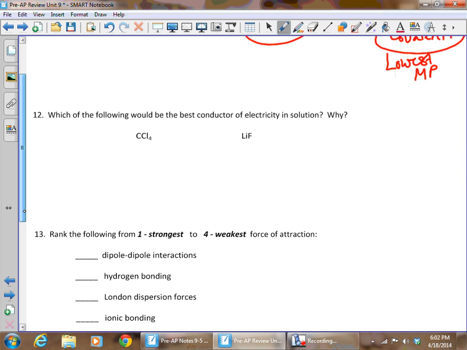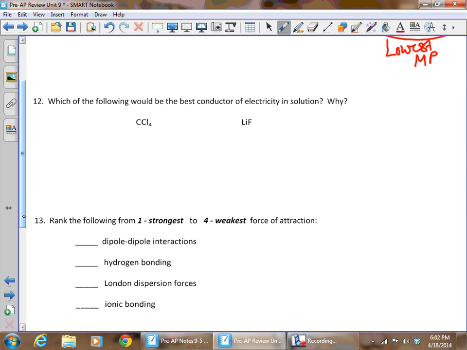As far as being a good conductor of electricity in solution, it has to have charges, and our ionic compounds are good conductors of electricity in solution. They're also good conductors when they're melted. Covalent compounds do not conduct electricity at all, no matter what state they're in. If they're really, really polar, they might do it a little bit, but they're still not good.